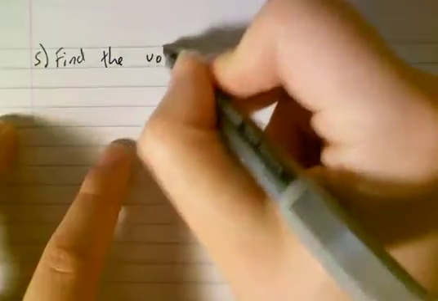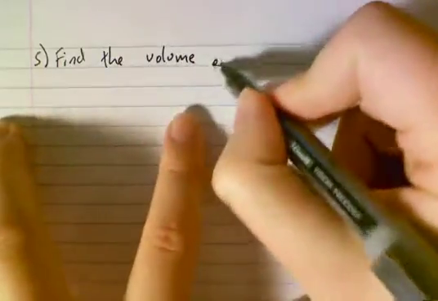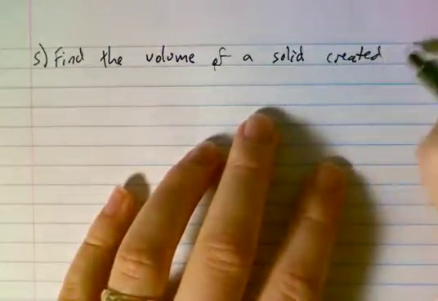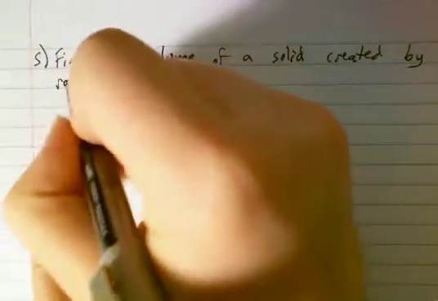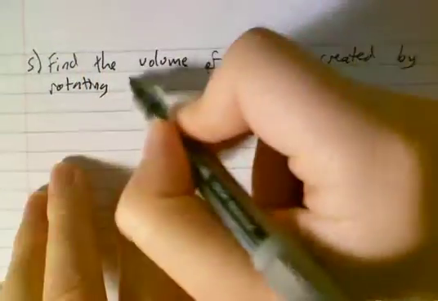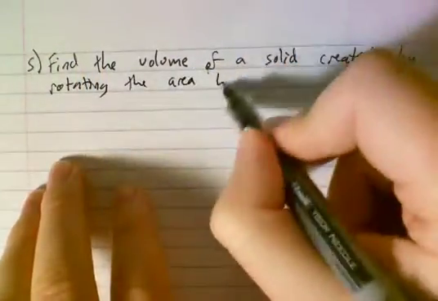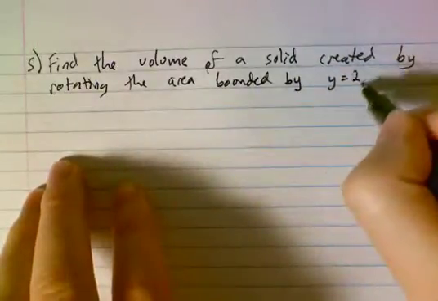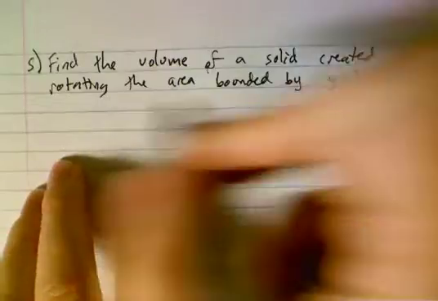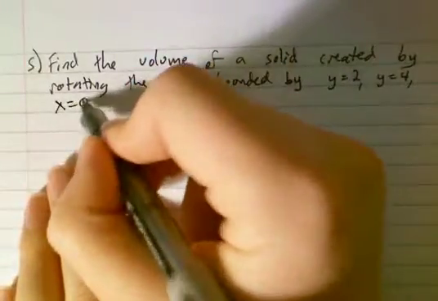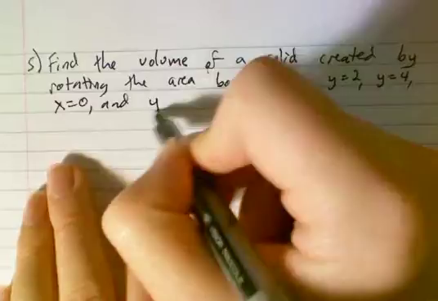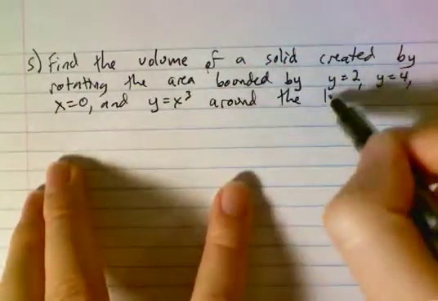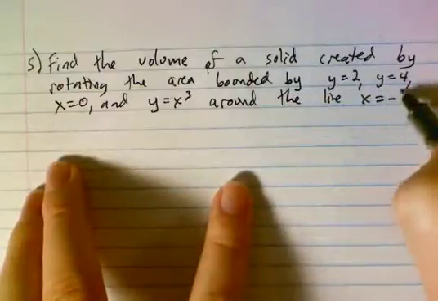Find the volume of a solid created by rotating the area bounded by y equals 2, y equals 4, x equals 0, and y equals x cubed around the line x equals -1.